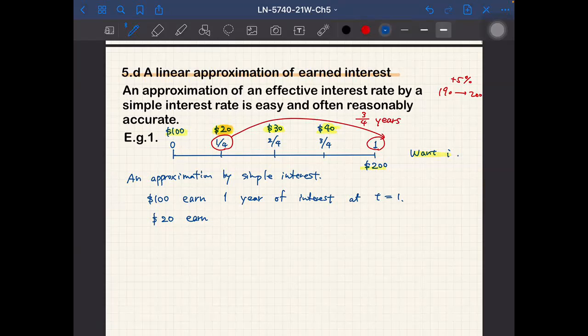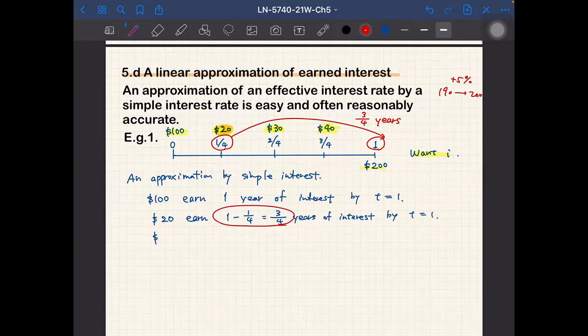That is 1 minus 1/4, the difference of 1 and 1/4. So 3/4 years of interest by time 1.